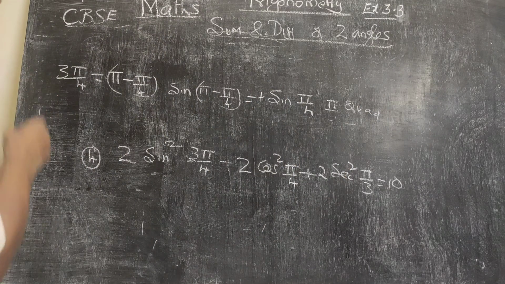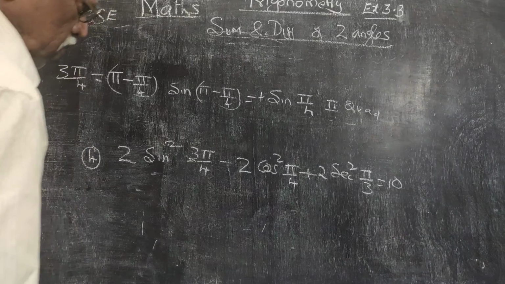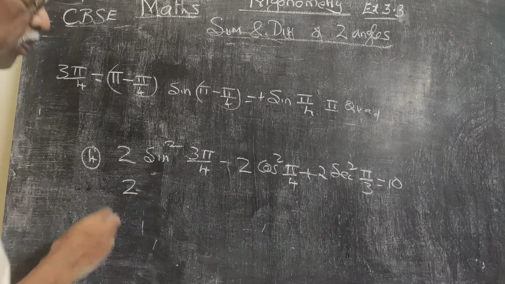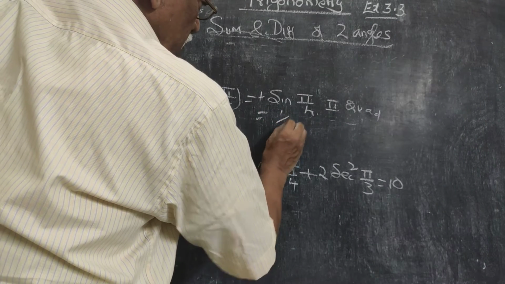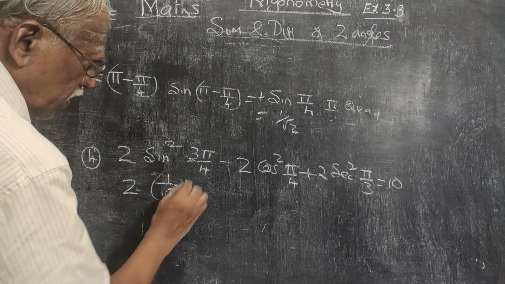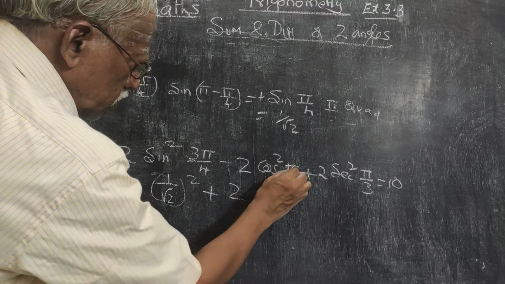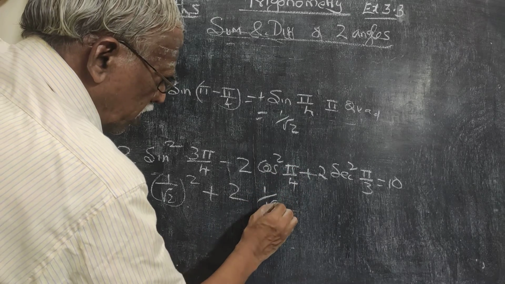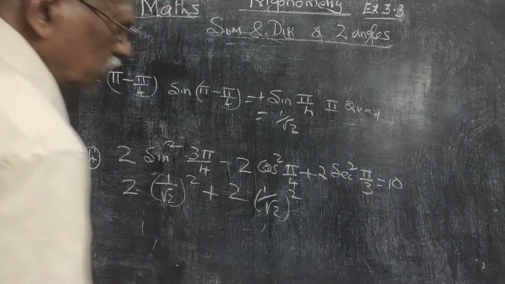So sin 3 pi by 4 is nothing but sin pi by 4. Sin pi by 4 value is nothing but 1 by root 2. So this is 1 by root 2 the whole square. Here also cos square pi by 4, so 1 by root 2 the whole square.